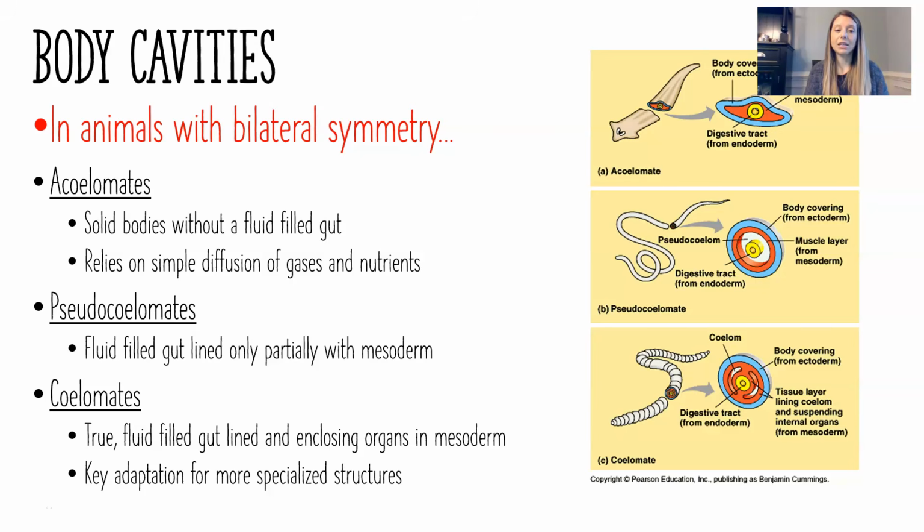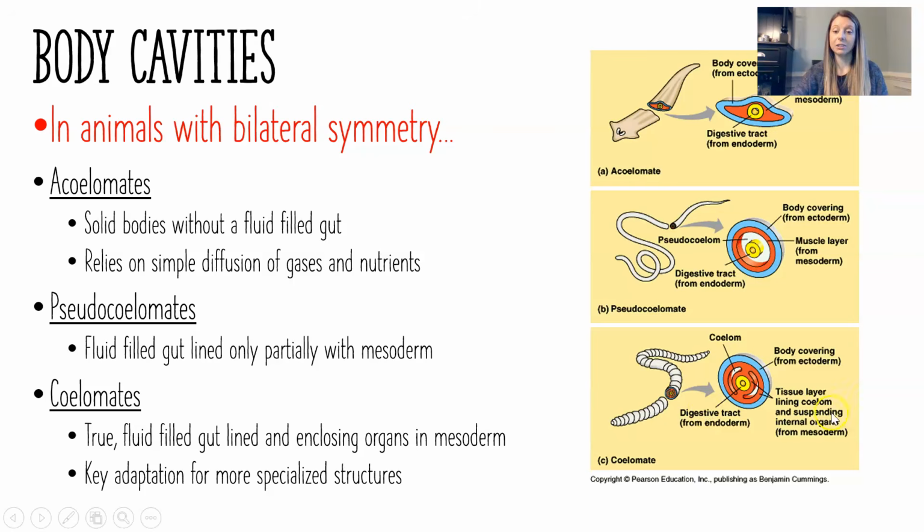If an animal has a solid body without a fluid-filled gut, we call it an acoelomate. These animals, like flatworms, for example, this picture here, are going to rely on just simple diffusion in order to move gases and nutrients throughout their body. Pseudocoelomates, and those are going to be your roundworms, are going to have a fluid-filled gut, but it's only going to be partially lined with mesoderm, meaning they're not going to have internal organs also lined with the mesoderm tissue layers.